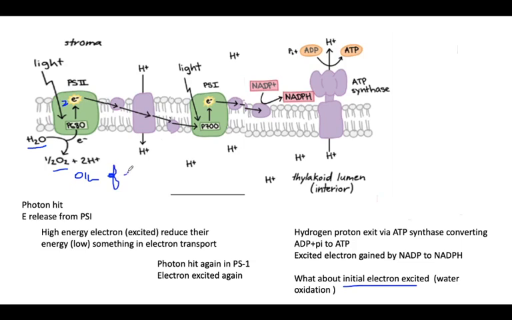So over here there is loss of electron, and the next point we are going to observe is the hydrogen. Though oxygen is a highly electronegative compound, it releases 2 of its electrons and gives them to photosystem 2.